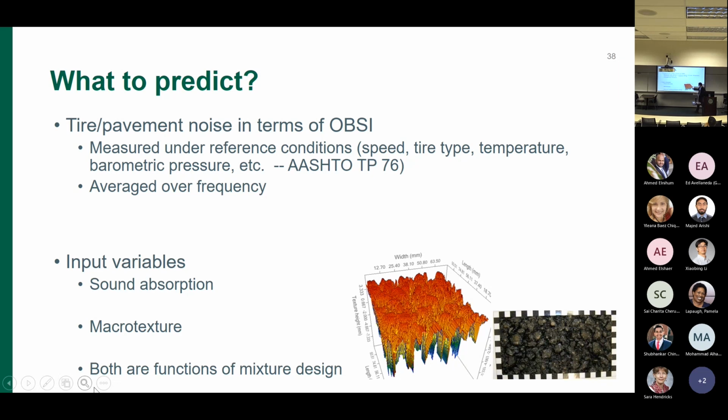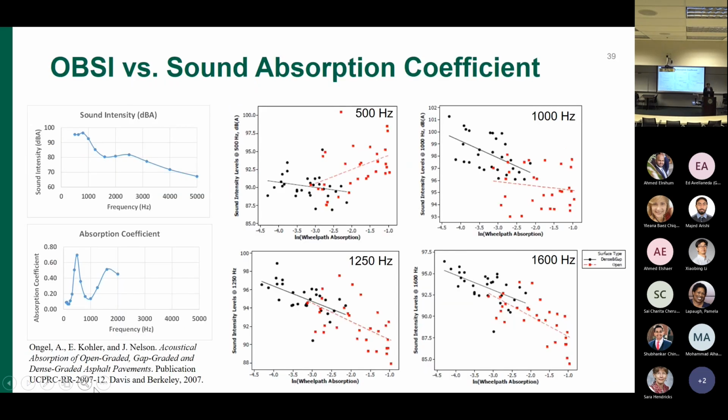This is what a measure of the macro texture looks like. This is a picture of the porous asphalt mixture surface, and when we apply the laser scanner on top of it, this is what we get. From that, we can calculate the macro texture in terms of the MPD.